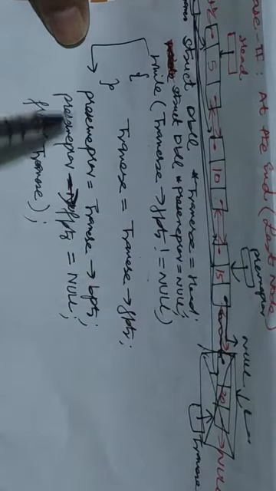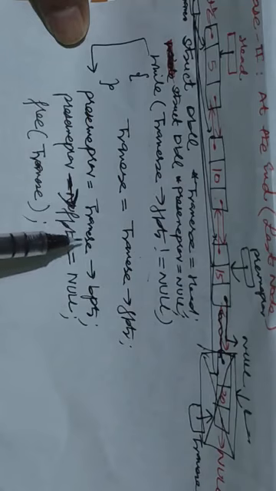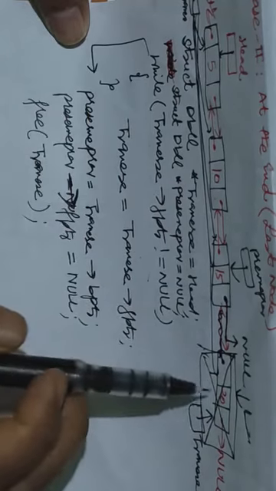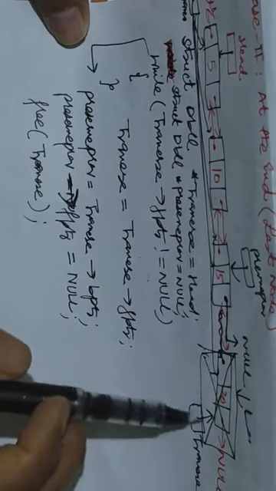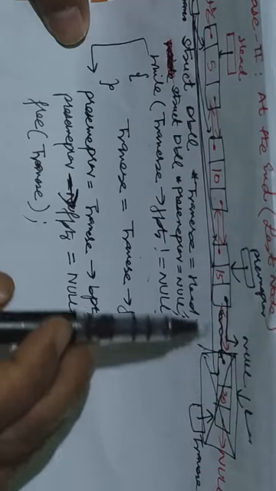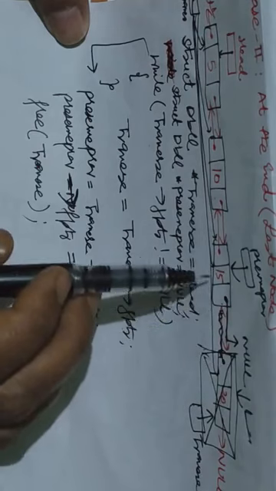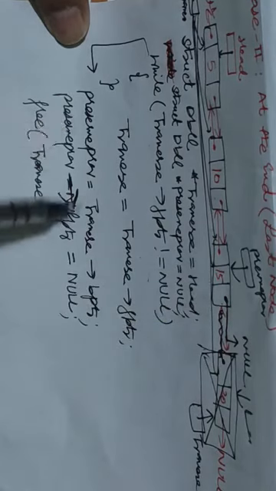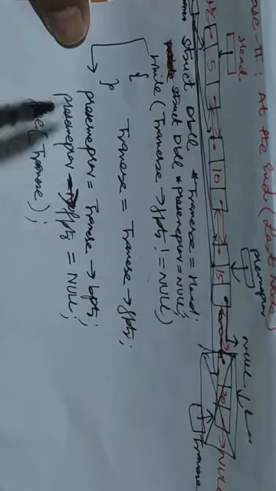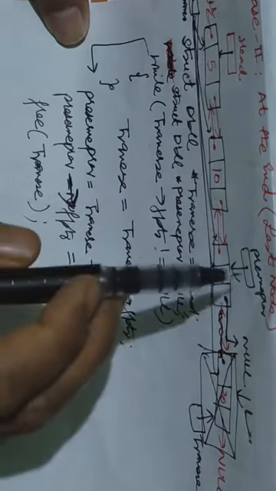We will say preserve previous equal to traverse bptr. Currently traverse points to this node and its bptr points to the previous node, so its bptr contains the address of the previous node. So by the use of this statement, we make the preserve previous pointer point to this node.